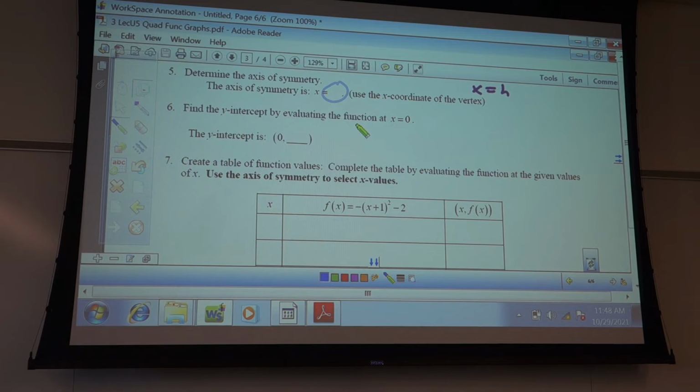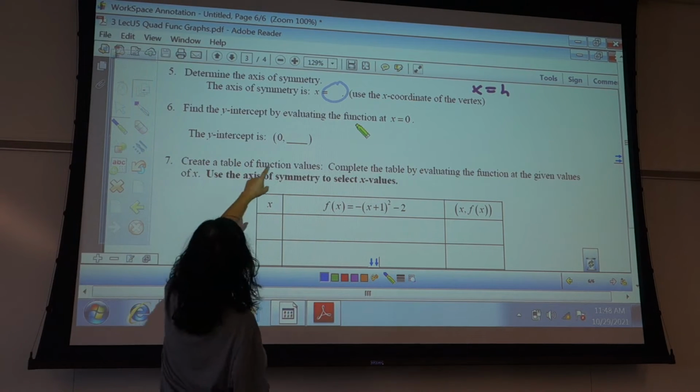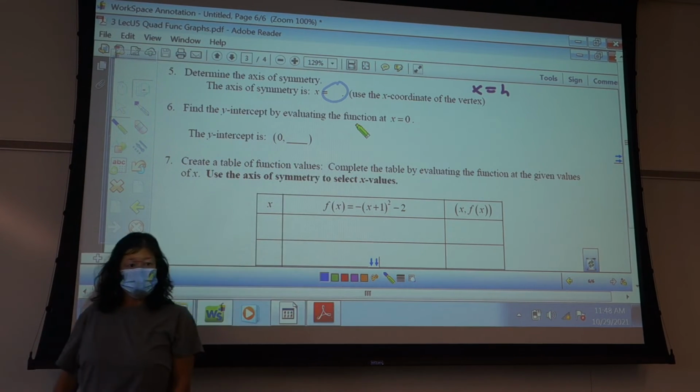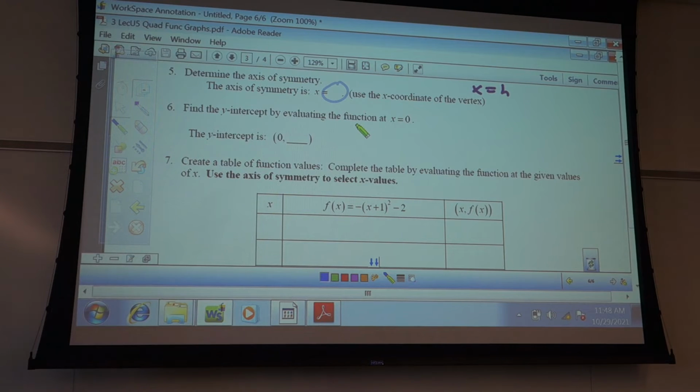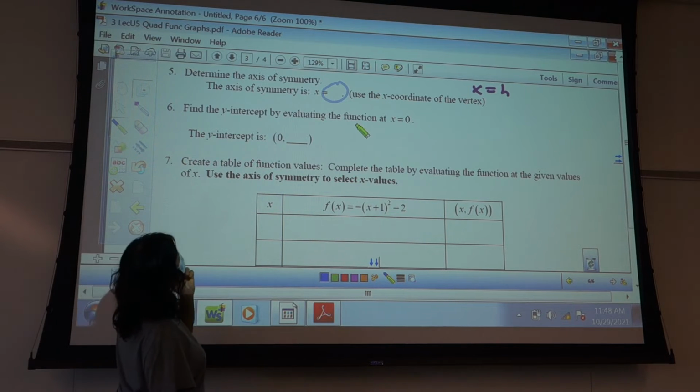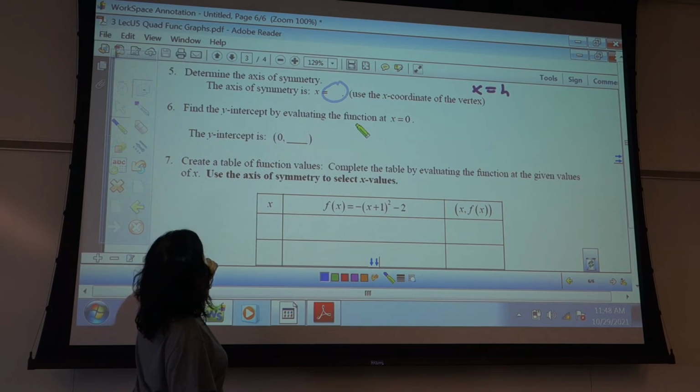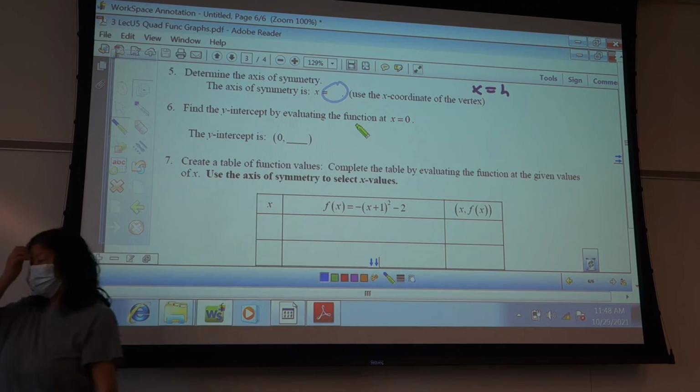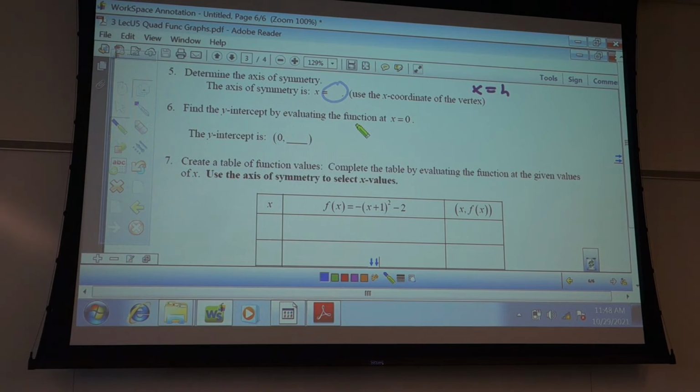We're on number 5. Everyone look up at number 5, right? We're up here at number 5. I'm just copying the x coordinate, that's the vertex.